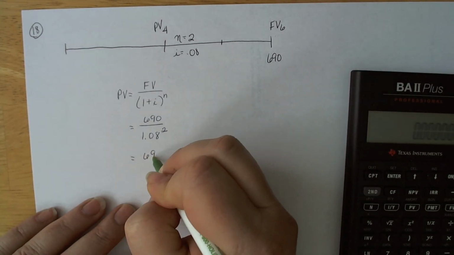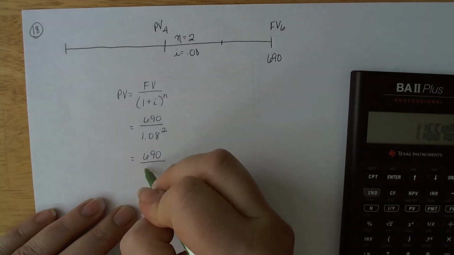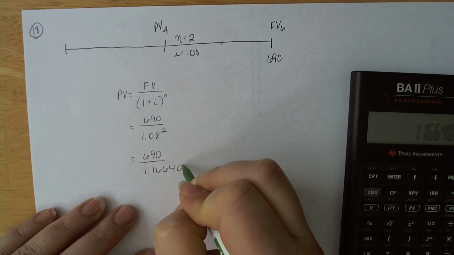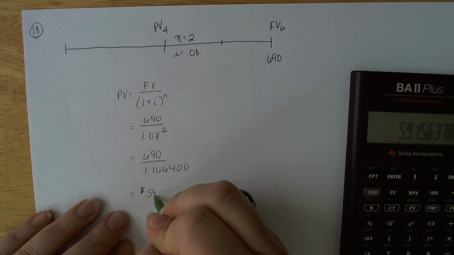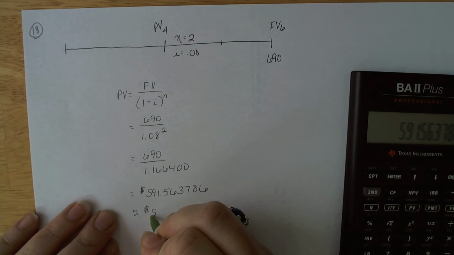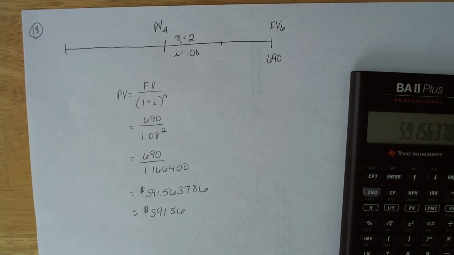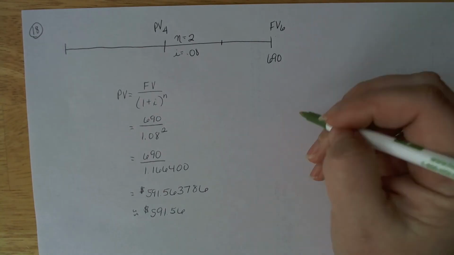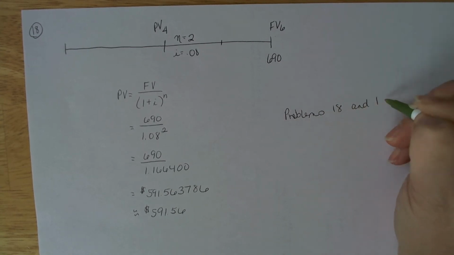That gives us 690 divided by 1.166400, which equals 591.563786, which is $591.56. And this covers problems 18 and 19.